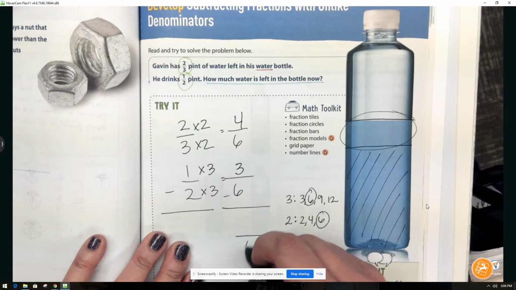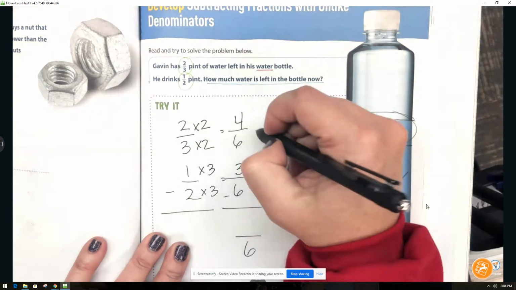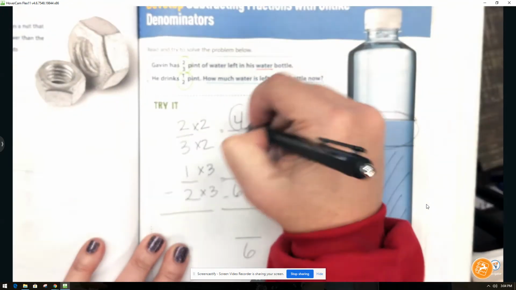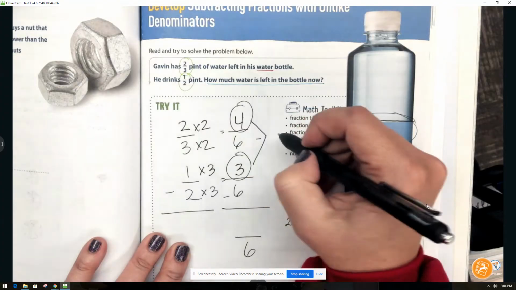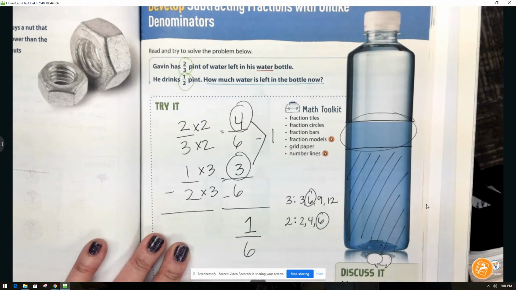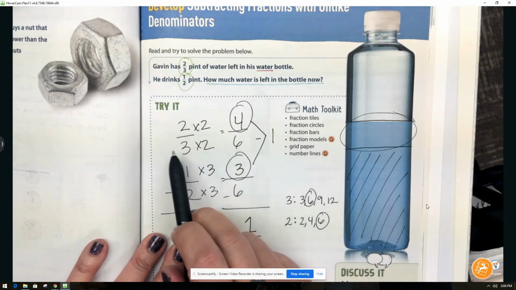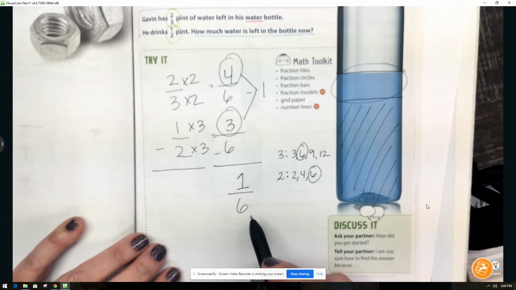When we subtract fractions, our denominator stays the same, and we're just going to look at our two numerators and say, what is 4 minus 3? That equals 1. So our new numerator is 1. So in the question, what is 2/3 minus 1/2? The answer is 1/6.